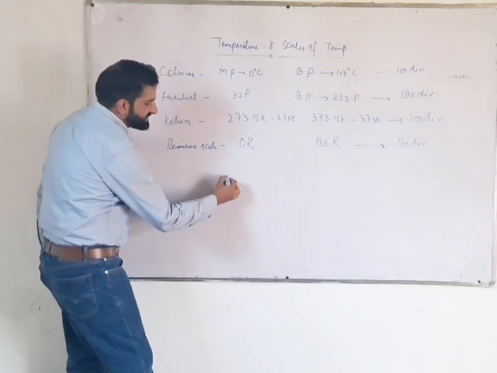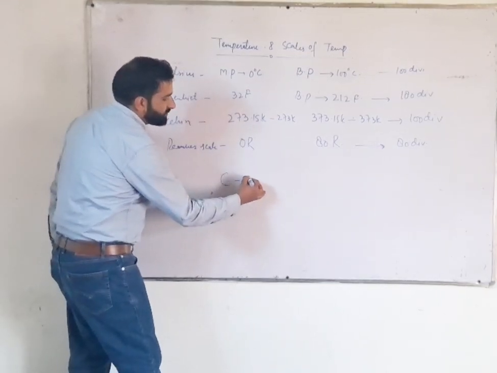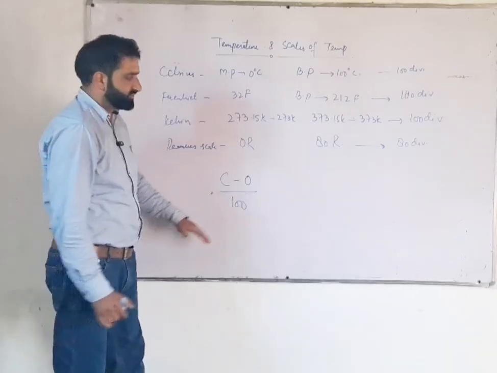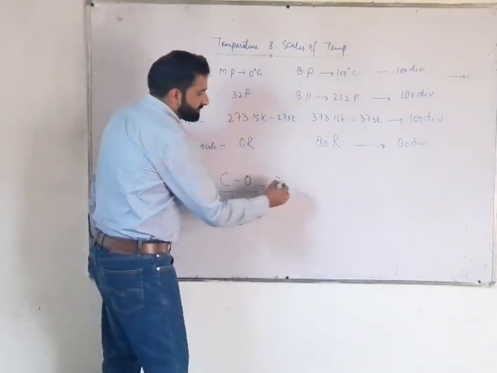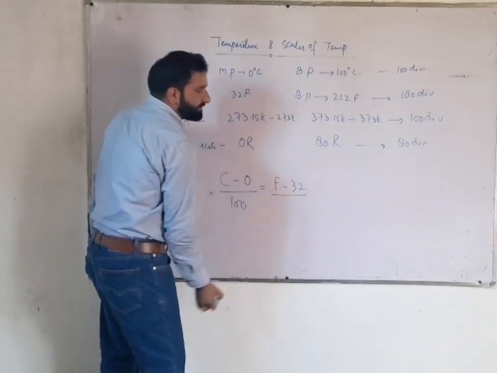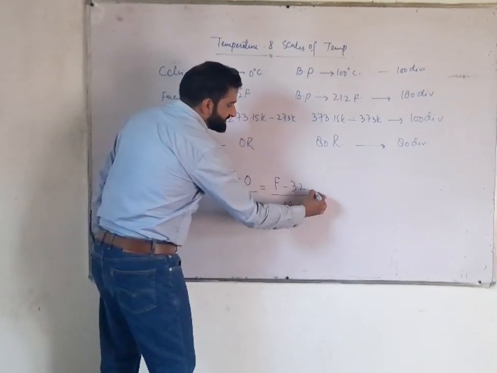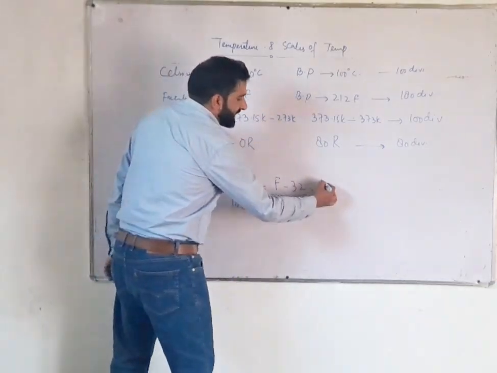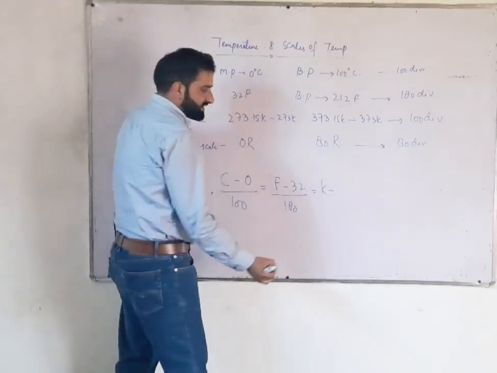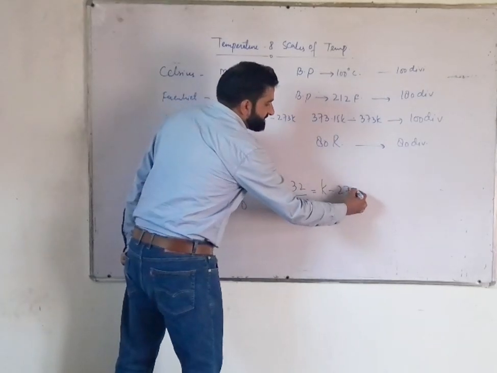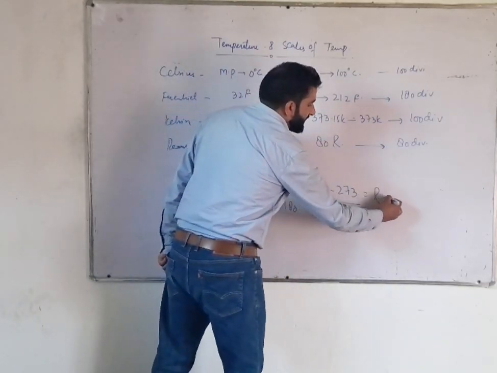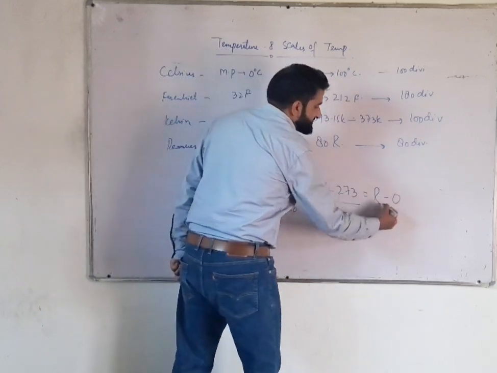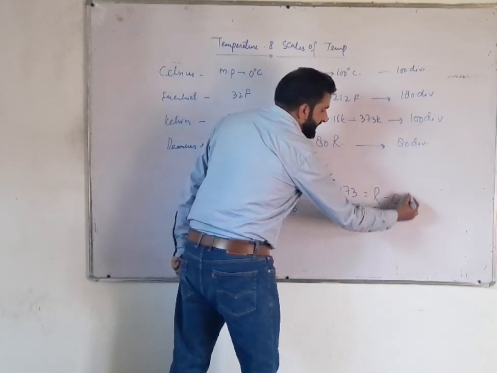We take the Celsius scale minus the melting point of water divided by the number of divisions, equal to the Fahrenheit scale minus the melting point, that is 32, divided by the number of divisions, that is 180, equal to the Kelvin scale minus the melting point or freezing point, that is 273, divided by the number of divisions, that is 100, and the Reaumur scale minus the melting point, that is 0, divided by the number of divisions, that is 80.